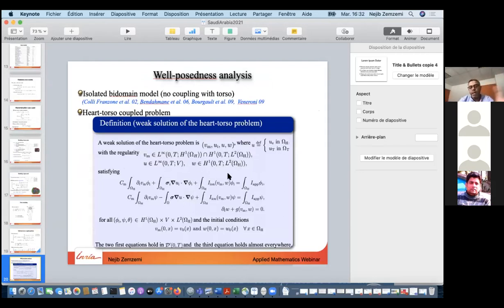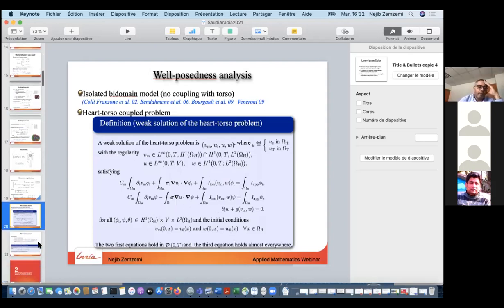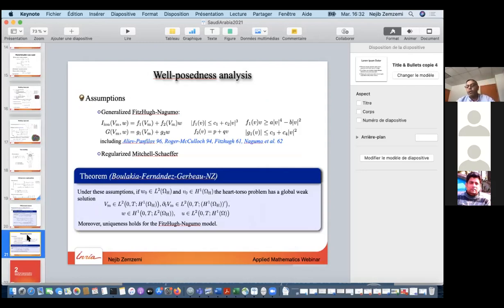We can define a weak solution of the coupled heart-torso problem that verifies the variational formulation of the problem and the initial conditions. Doing that, we can prove the existence and uniqueness of the electrical wave in the heart and in the torso. And for the coupled problem, there are many studies for that.